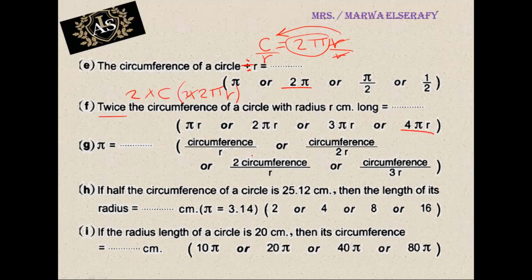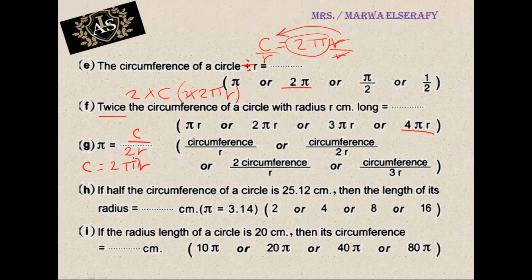Circumference divided by r, or circumference divided by 2r, or 2 circumference divided by r, or circumference divided by 3r. Okay, what is the rule of pi? Yes, excellent. The rule is circumference divided by 2r. From where? I know that circumference equals 2πr.